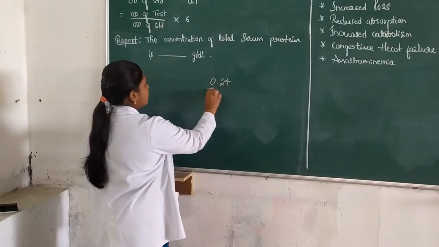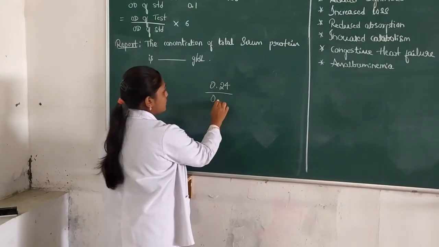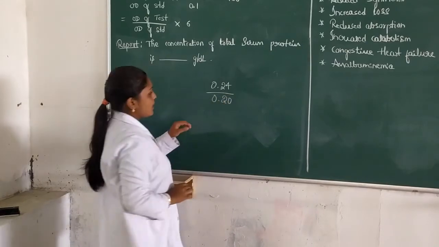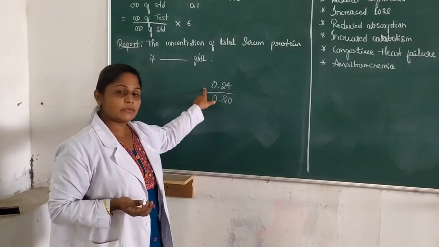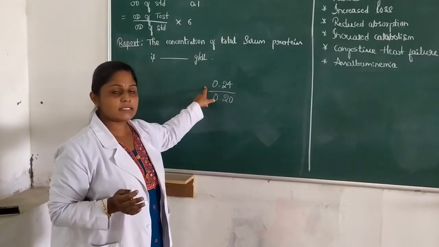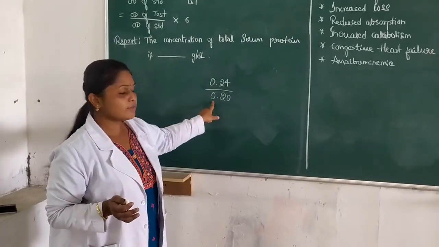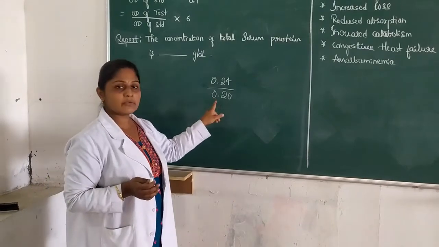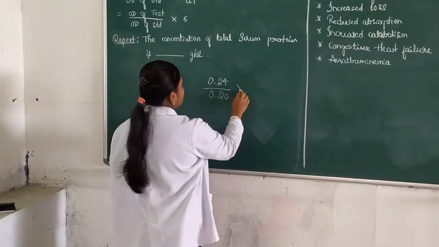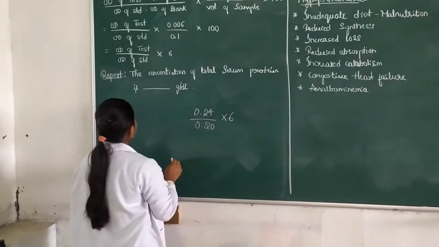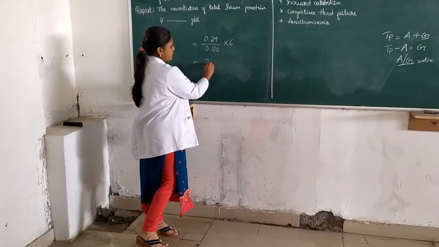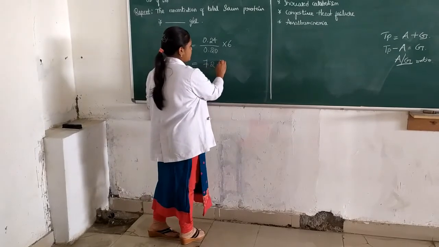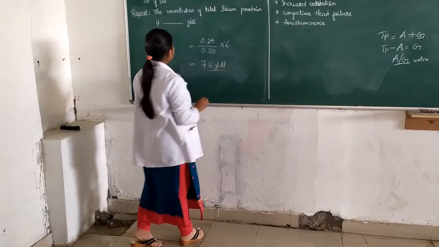So the test value was 0.24 divided by the standard 0.20. This standard value we will be giving in your exams. You only have to do the blank and test and take the OD value. The standard value we will be giving. That value you have to put here, into 6. When we calculate, this will be 7.2 grams per deciliter. This is the protein concentration.